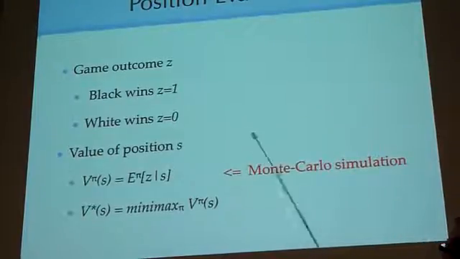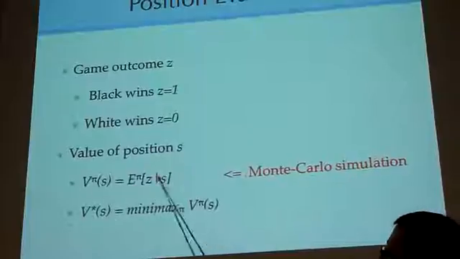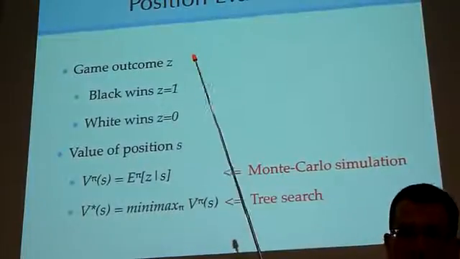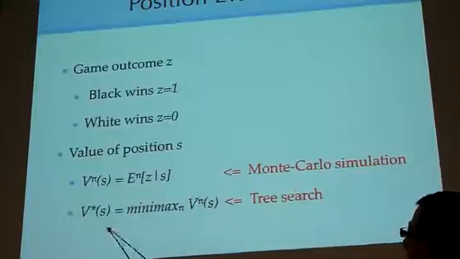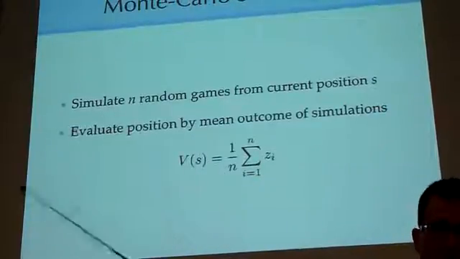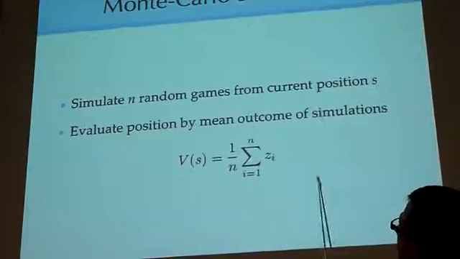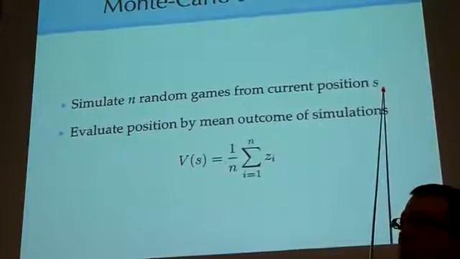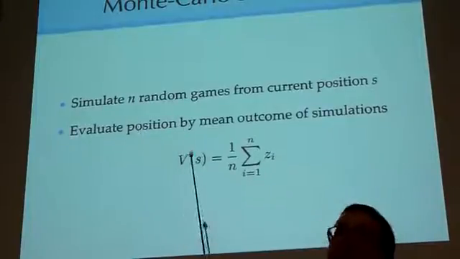And what we're going to do is use Monte Carlo simulation to estimate this thing and tree search to estimate this thing. Put them together, you get Monte Carlo tree search. Okay. So we've already seen Monte Carlo simulation. In this context, it basically means you start in your position, you simulate n random games.